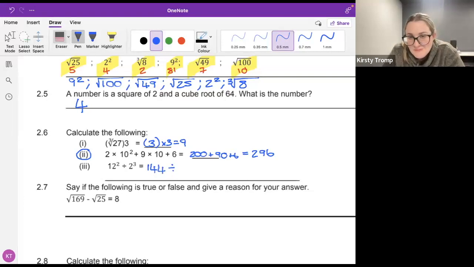Then 2 to the power 3 equals 8. Fantastic. And then? Then 144 divided by 8 equals 18. Well done. Thank you so much.